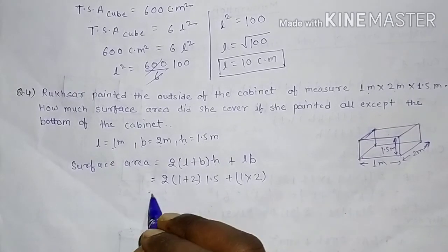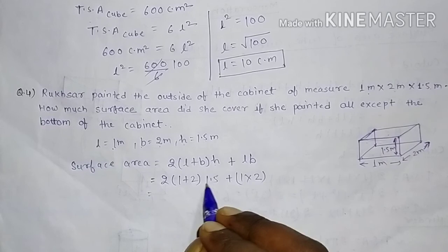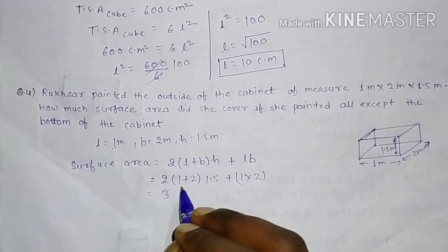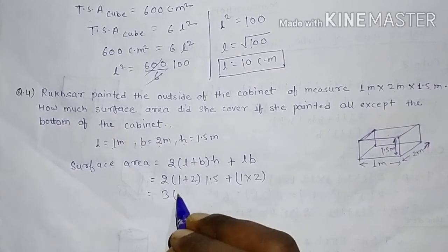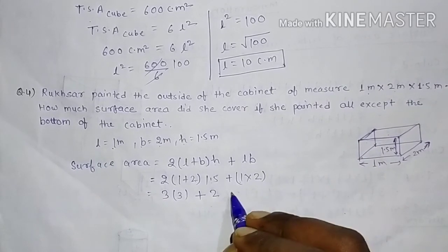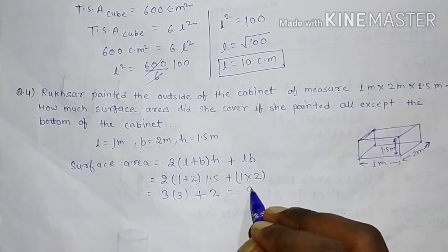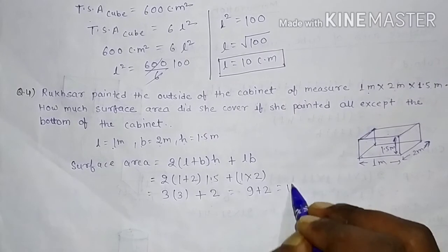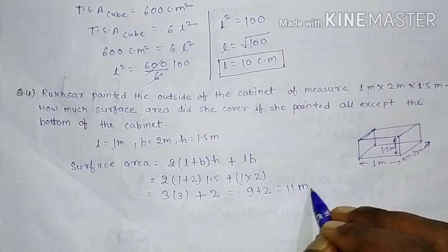Just simplify it. So 2 into 1.5 is 3, and 1 plus 2 is 3, plus 1 into 2, that is 2. Now 3 times 3 is 9, plus 2, so it will be 11 meter square.